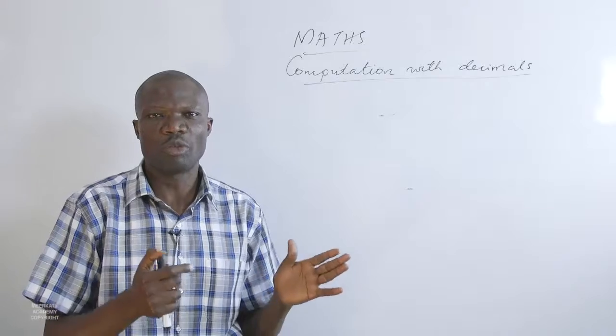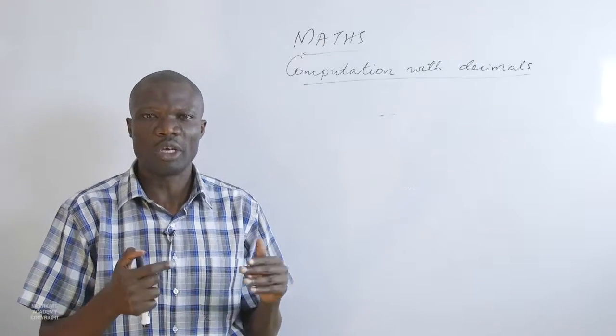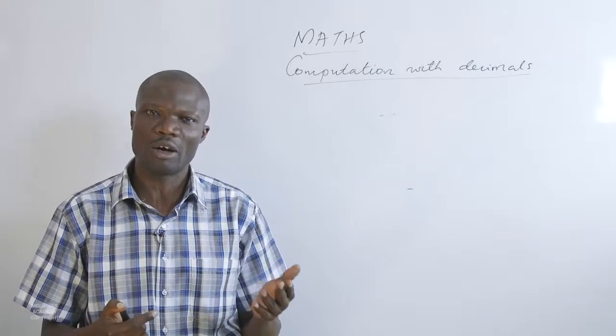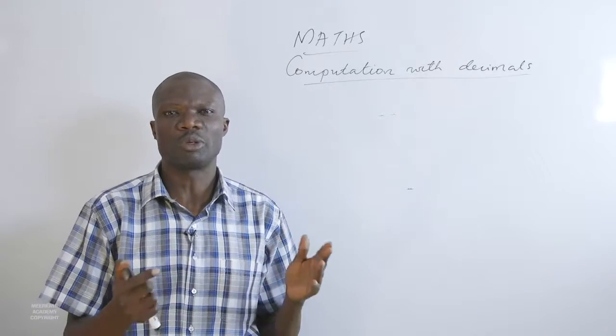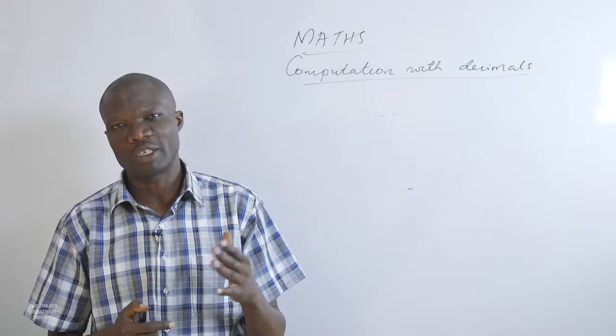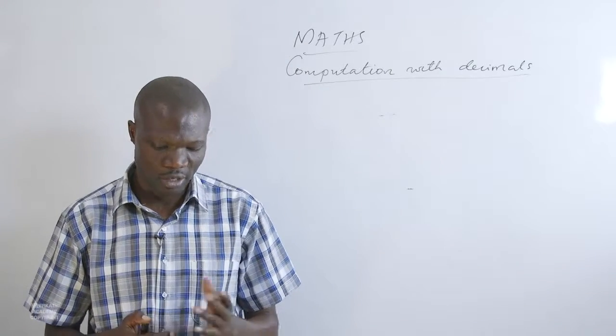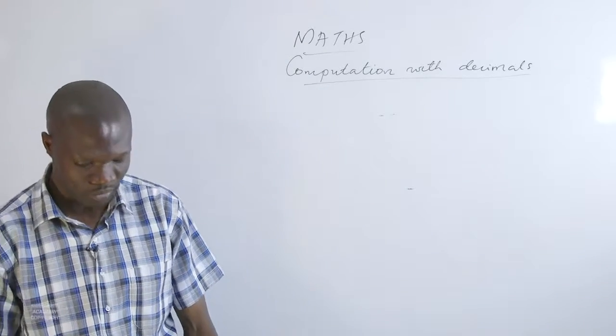We say decimal forms part of a whole. When we are dealing with the decimals, how are we going to add them up? How are we supposed to subtract them, multiply, and finally divide decimals?